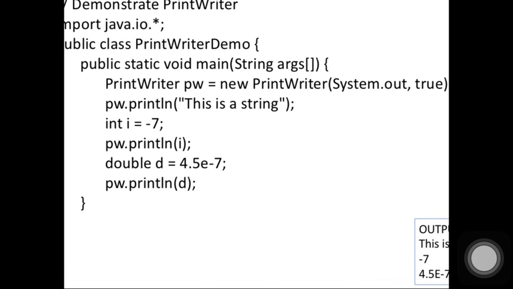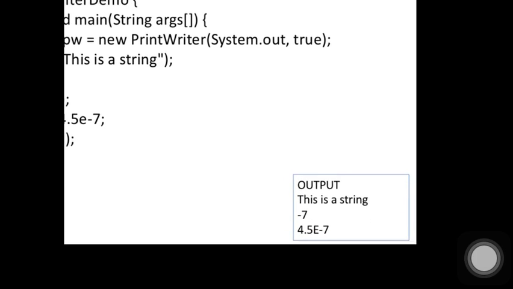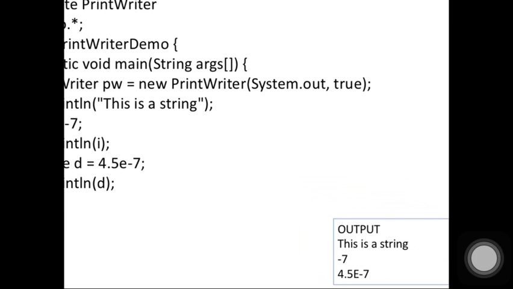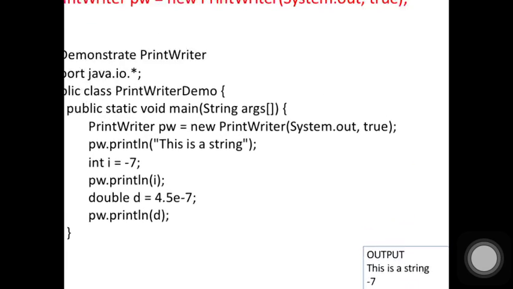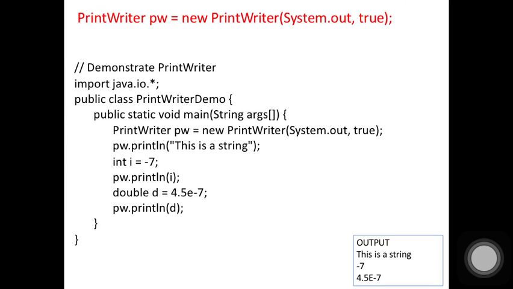This is a string, and take a certain variable like i, and I can print the i value by using pw.println, and even print a double value by using pw.println. Now println on a PrintWriter object is used to print values on the screen directly. It needs two parameters. The first parameter is an object of the output stream, and the second one is the boolean value.